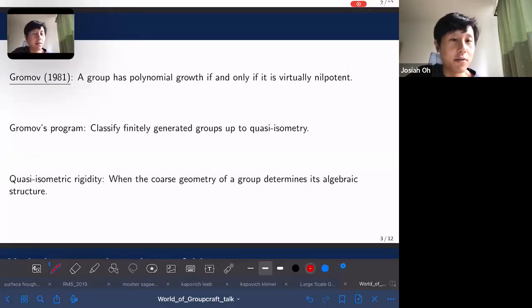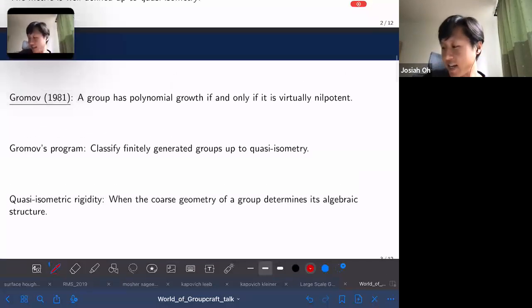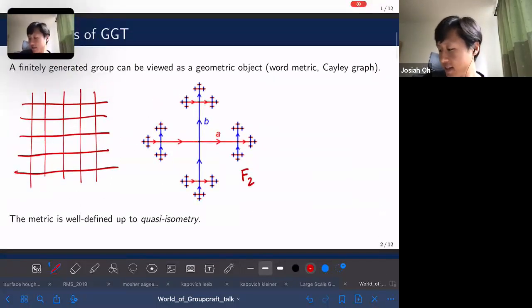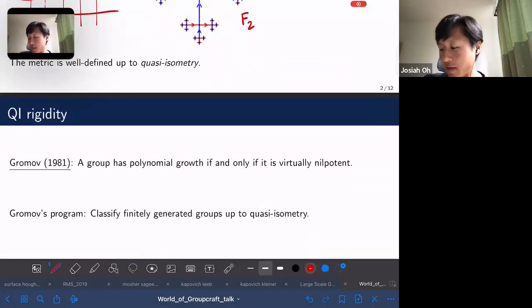You look at the ball of radius n in the Cayley graph. For example, fix the identity, look at the ball of radius n, and count how many elements are inside that ball. The volume of that ball grows as n grows, and the growth rate of the volume of the ball as your radius goes to infinity is defined to be the growth rate of the group.